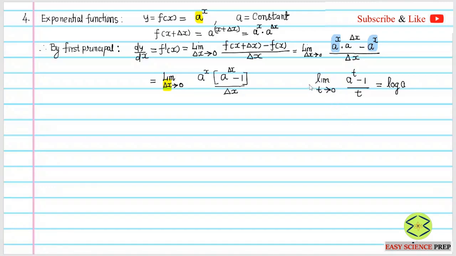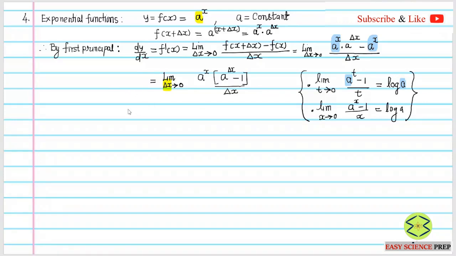You might remember a similar formula: limit x tends to 0 of a raised to x minus 1 over x is log a. So whatever constant we are using here, the same has to come. If it is a, the a has to come here. If it is b, b has to come there. This is actually an important result for calculation of trigonometric and exponential limits. This is very similar to that.